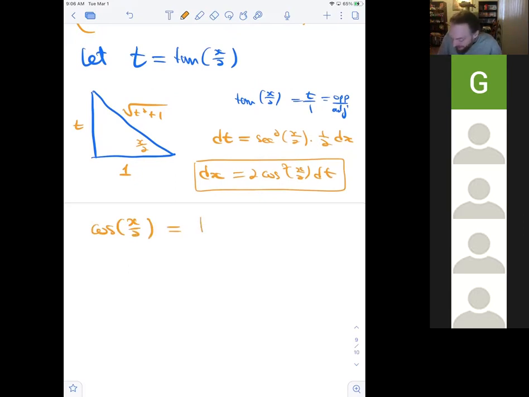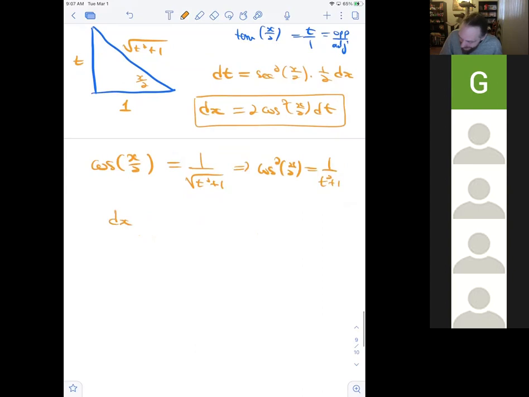Cos is adjacent over hypotenuse, so 1 over the square root of t squared plus 1. So cos squared x over 2 is equal to 1 over t squared plus 1. So this says dx is equal to 2 over t squared plus 1 dt.